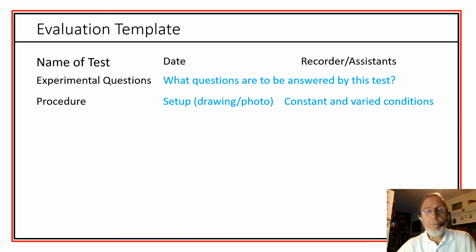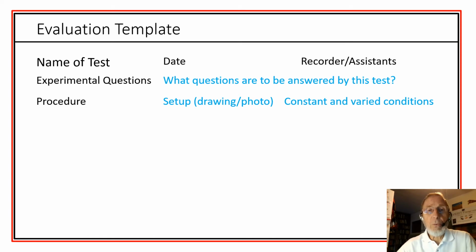Associated with that, we have a date which the evaluation is occurring, and the individuals involved as recorders or assistants or whatever. We also need to identify the experimental questions. Again, thinking back to our requirements, what are the questions that need to be answered by this test in order to give us the assurance that our design is adequate?